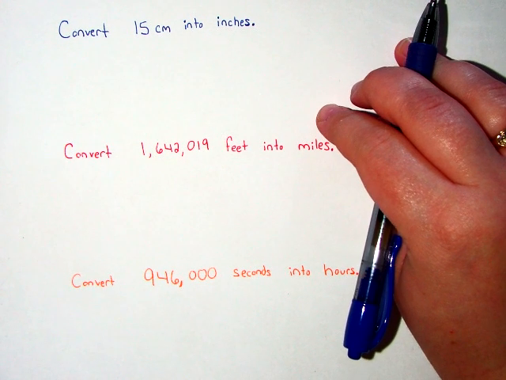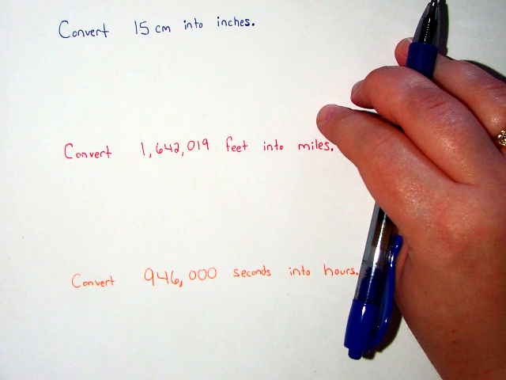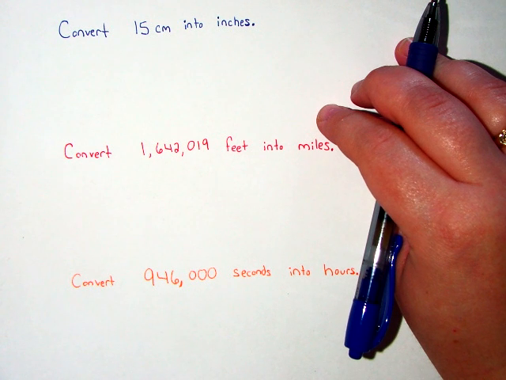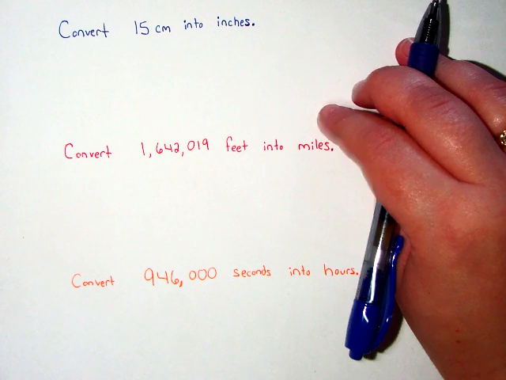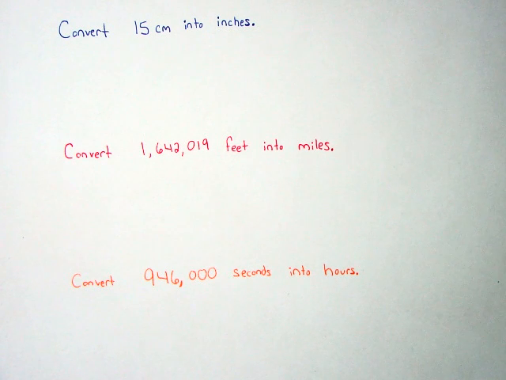So the metric unit is based on tens. 10,000, 100, things like that. The imperial or standard system of units is not. They are all sort of this random hodgepodge of numbers. Okay, you have to memorize.